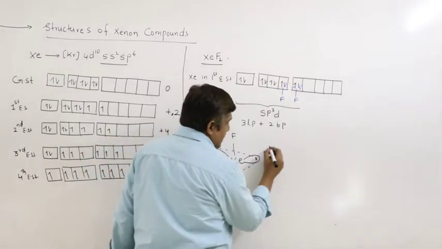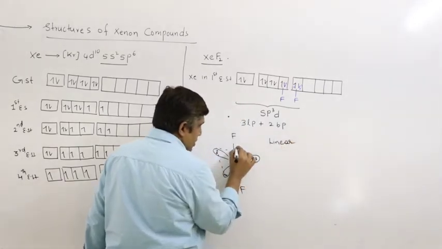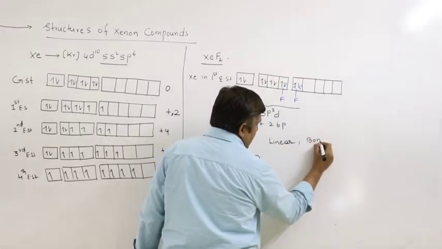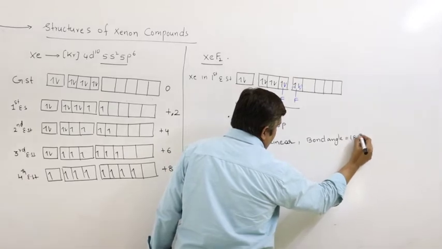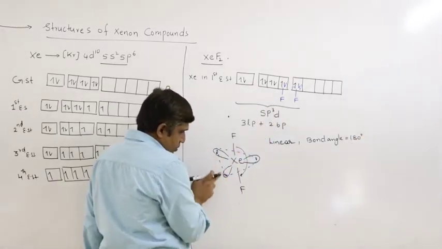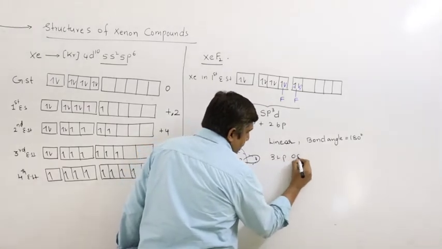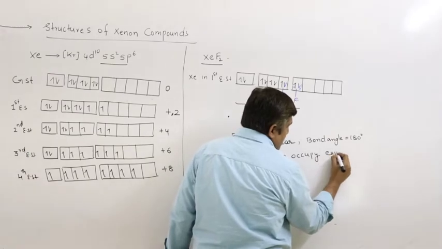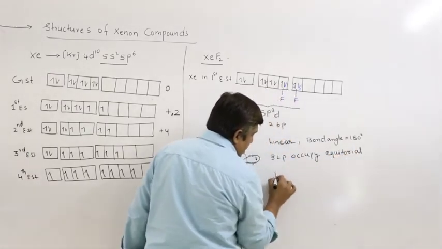The shape is linear. The bond angle is 180 degrees. 3 lone pairs, 1, 2, 3. The 3 lone pairs occupy equatorial positions.